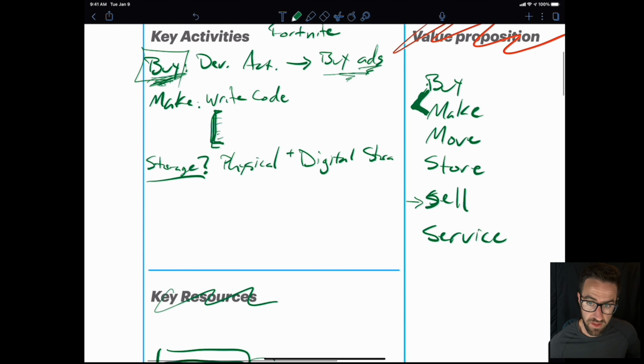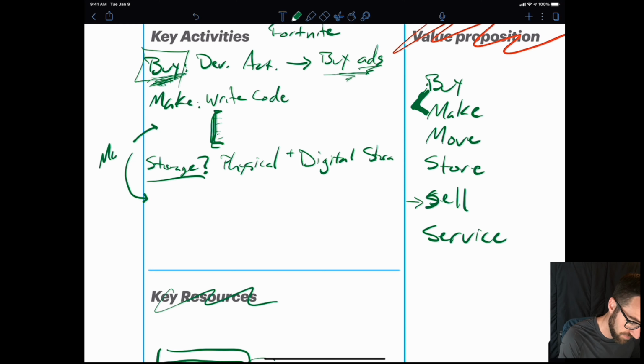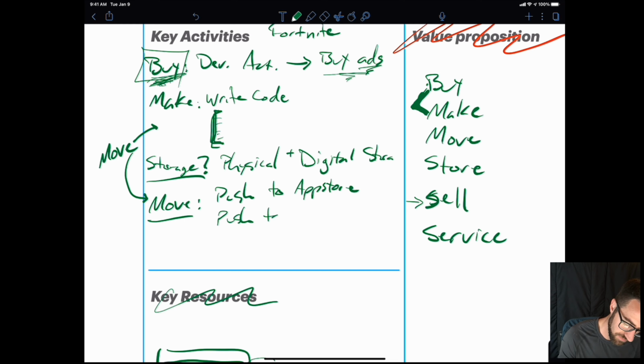All right, we didn't talk about the move component, but I think we should, because moving happens here and it happens here. So moving happens when you write the code and you push it onto a couple of different locations. So we're going to put move here. You're going to push to the App Store, but you're also going to push the data up into the cloud, right?